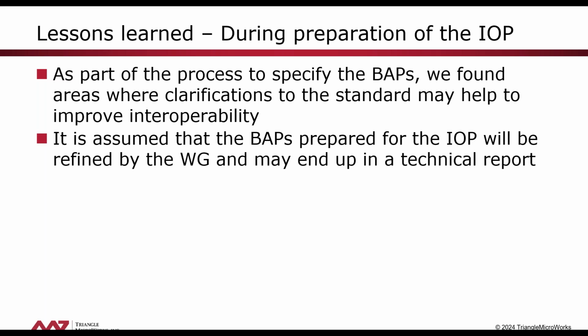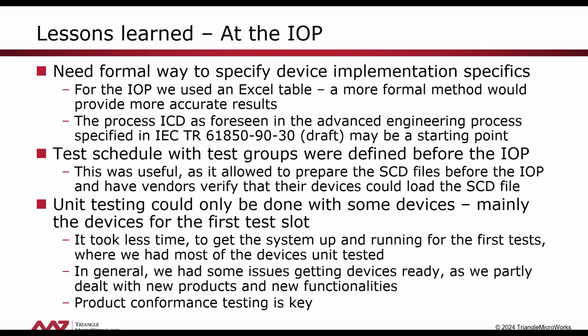It was also assumed that the BAPs that we prepared for the IOP will be refined by the working group and may end up in a technical report. Lessons learned at the IOP.